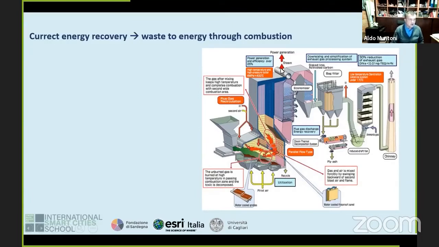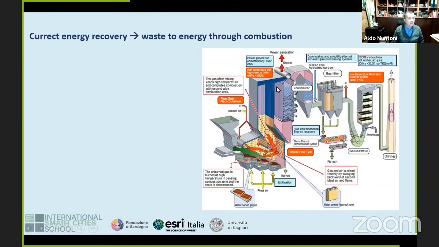For instance, in the northern countries in Europe, they also use the steam to heat the houses close to the incinerators. In Italy, we do not need so much to recover heat, and we prefer to use the steam in the turbine to produce electric energy.